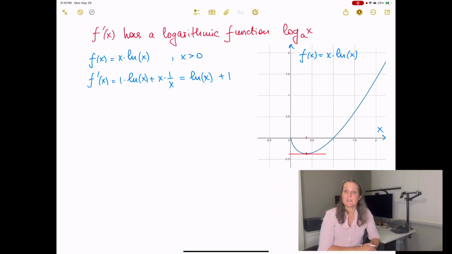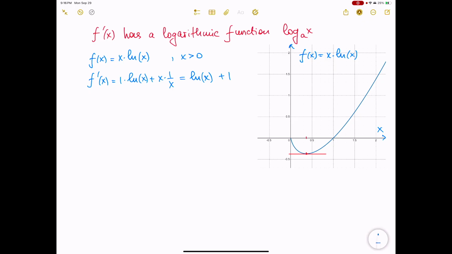The last example is going to have a function, the derivative of which contains a logarithm. Let's consider the function f of x equals x times natural logarithm of x. Using differentiation rules, we can show that the derivative of the function f is equal to natural logarithm of x plus 1. The derivative is equal to 0 if natural logarithm of x plus 1 is equal to 0.